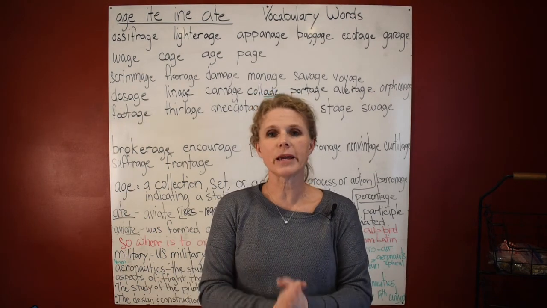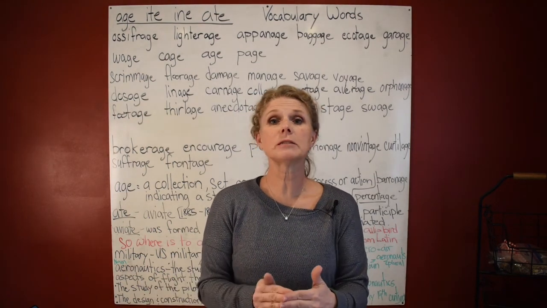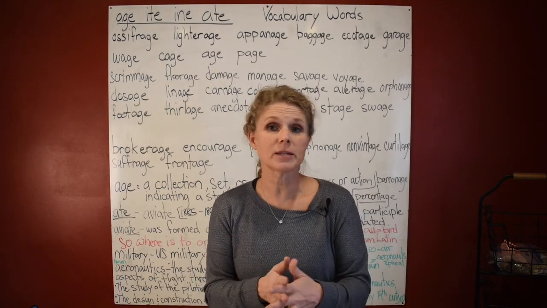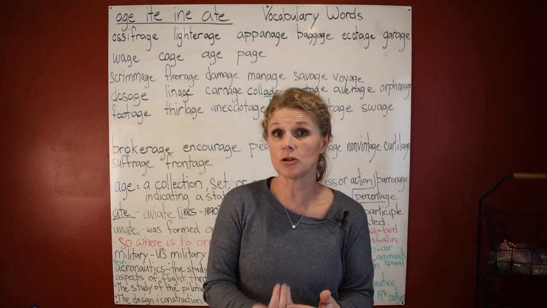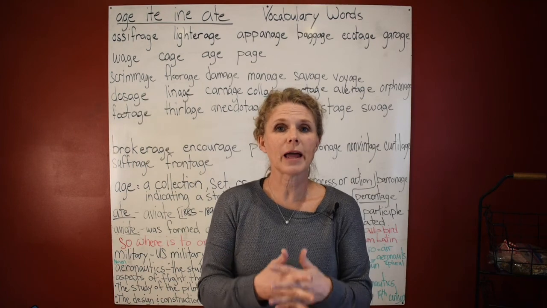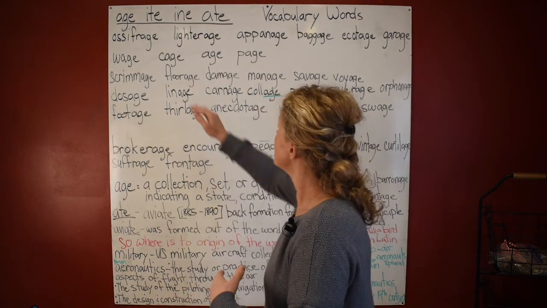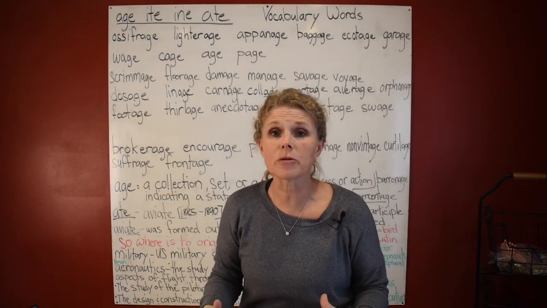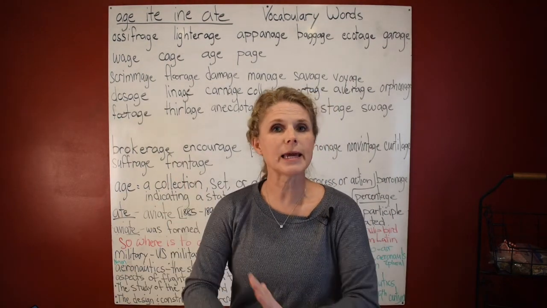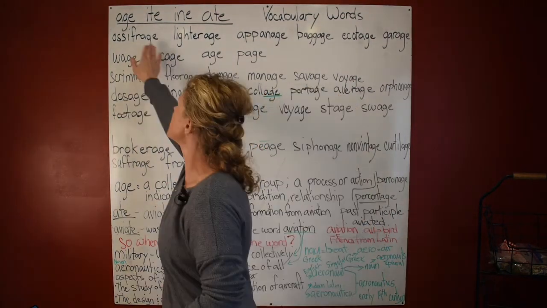We don't spell idge, I-G-E. We don't spell it I-G because then it would say ig, because you need that E for the G to say J. So we spell idge A-G-E. If you can remember that, that will help your spelling in leaps and bounds.